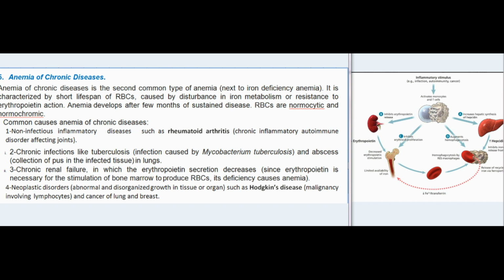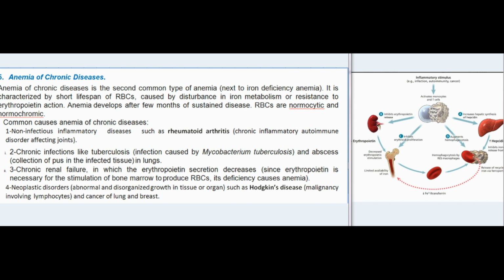Common causes: non-infectious inflammatory diseases such as rheumatoid arthritis, chronic inflammatory autoimmune disorder affecting joints. Chronic infections like tuberculosis, infection caused by Mycobacterium tuberculosis, and abscess, collection of pus in the infected tissue, in lungs.